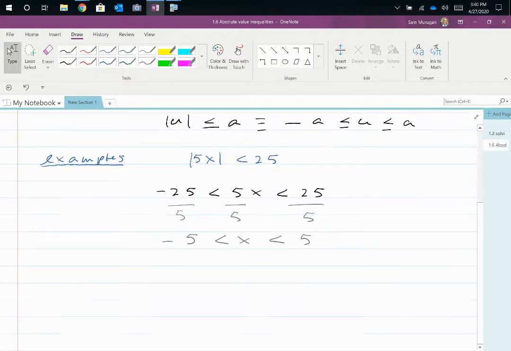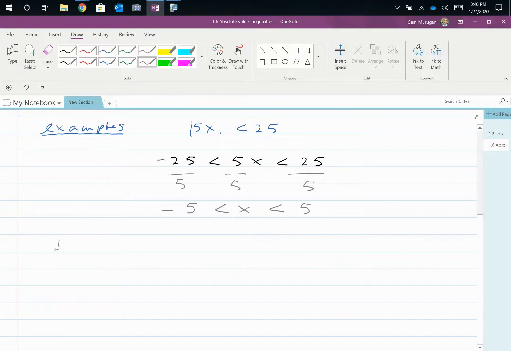So there are three ways to state your answer. You can use the interval notation, which says that simply x is a number located between negative and positive 5. You can use the set builder notation: all x such that x is a number between negative and positive 5. In other words, we just write back what we found out to be the answer earlier.